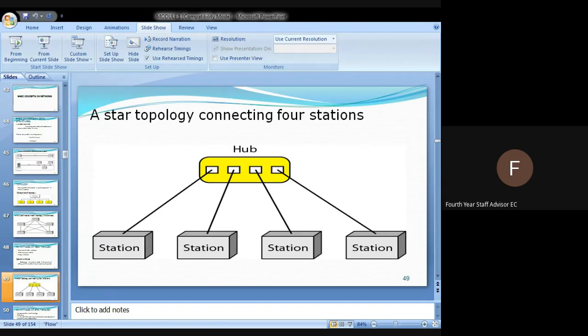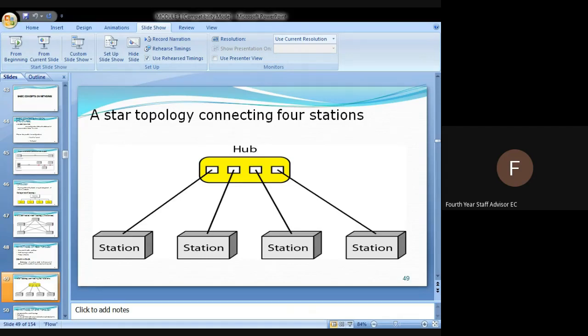Okay, so suppose one station wants to communicate to another station, what they will do is send data to the hub, and from the hub it relays to the destination. Okay, so in star topology, what you have to understand is between stations you don't have any connection, but the stations will have a dedicated link towards the central controller or the central exchange or the central hub.